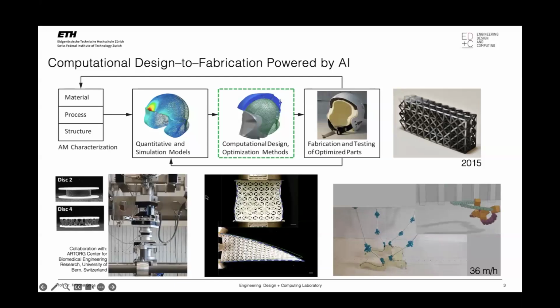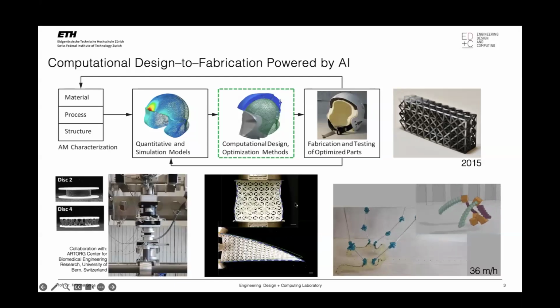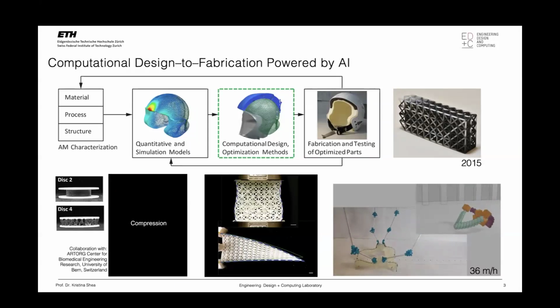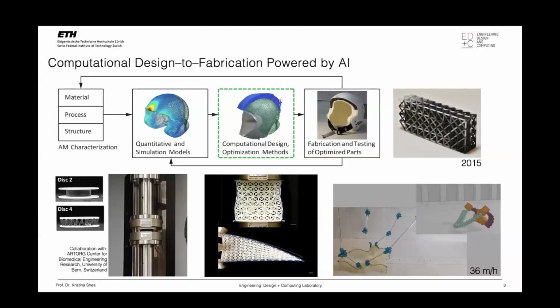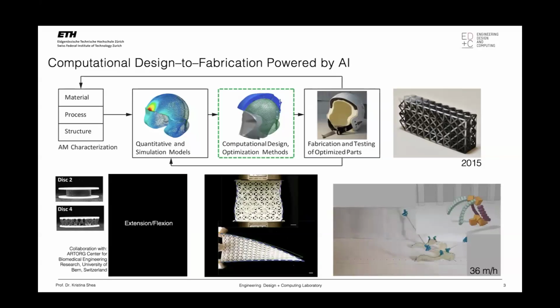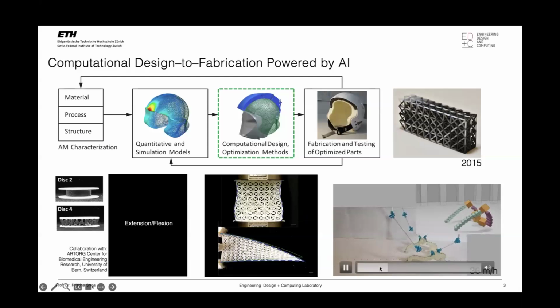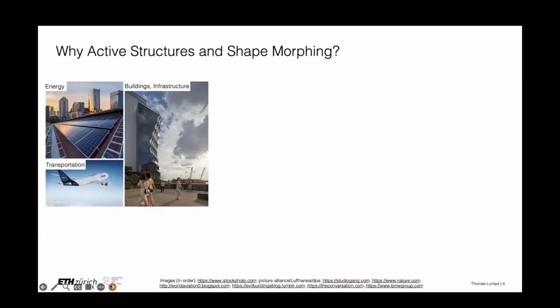And so this middle part are 4D printed lattice structures that are optimized and printed and tested, which was also part of this work. And the work that's in this paper is rather a different approach to active structures and to shape morphing.